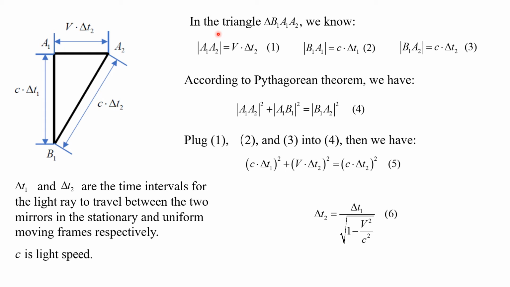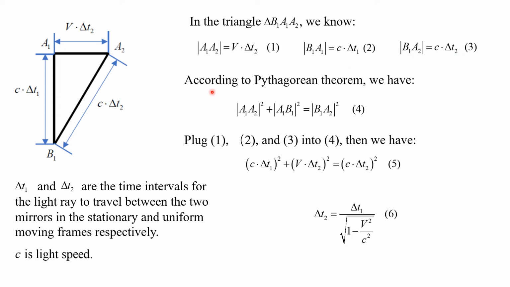In the triangle B1, A1, A2, we know that A1A2 equals V times delta T2, and B1A1 equals C times delta T1, and B1A2 equals C times delta T2.